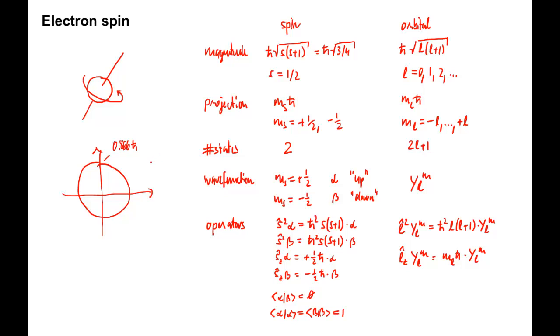Next, if we measure the projection along, say, the vertical axis, we can get either plus 1/2 h bar, or we can get negative 1/2 h bar. So the tip of the vector will be found somewhere on this horizontal circle on the sphere.